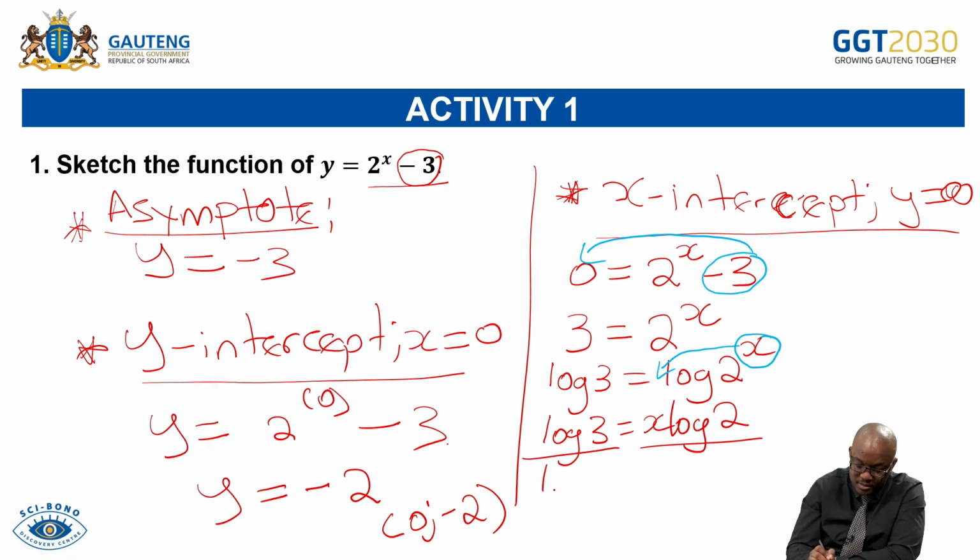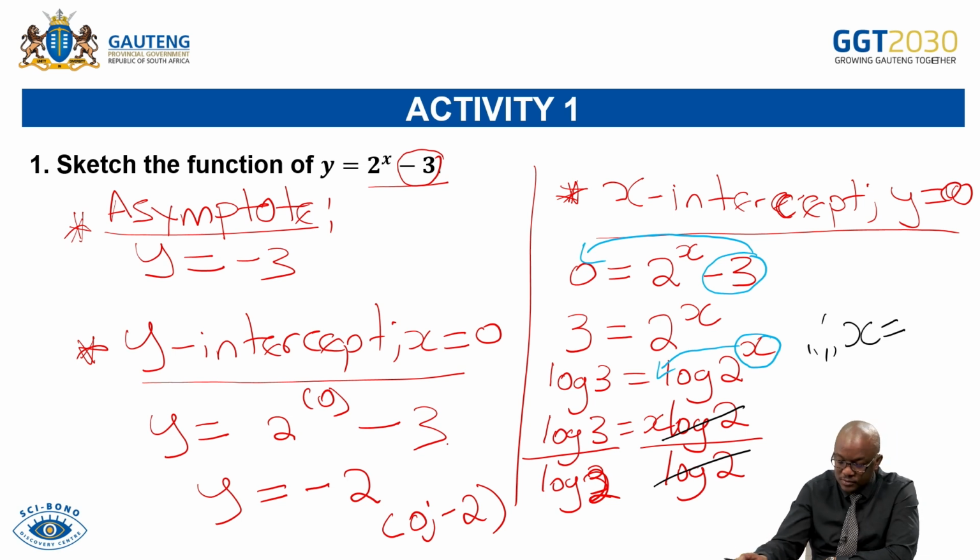Then we divide both sides by log 2, so that log 2 will divide log 2. Therefore, x will be equal to log 3 divided by log 2 when you punch it in your calculator.